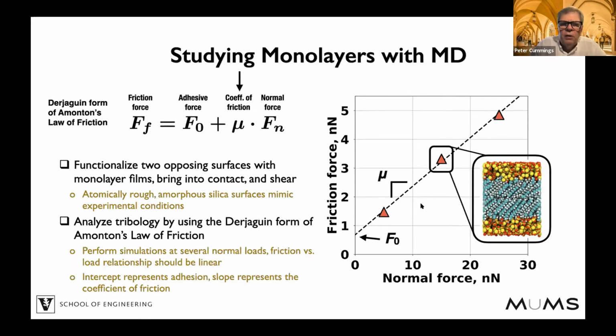So we can extract the coefficient of friction and the adhesive force from several simulations done at different normal forces. This equation here is Amontons' law of friction, and we analyze our simulations according to this equation.